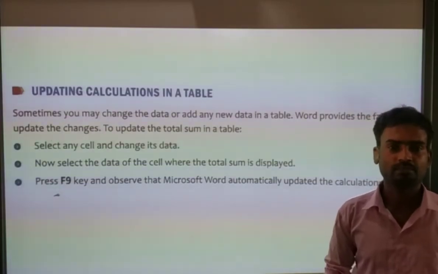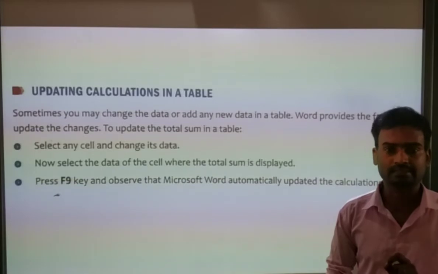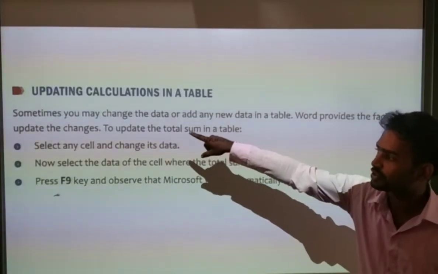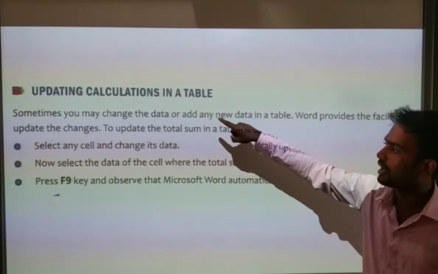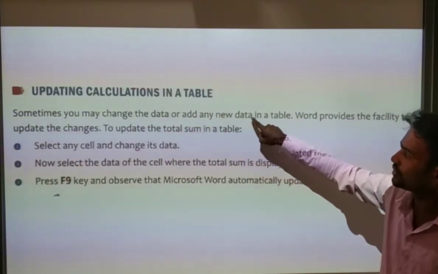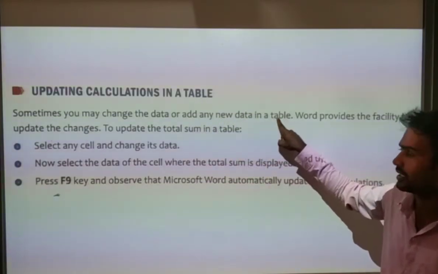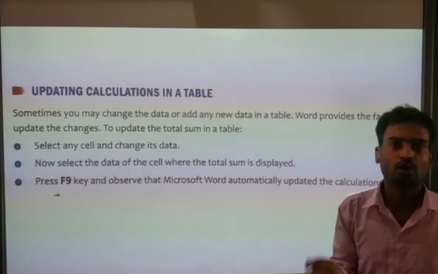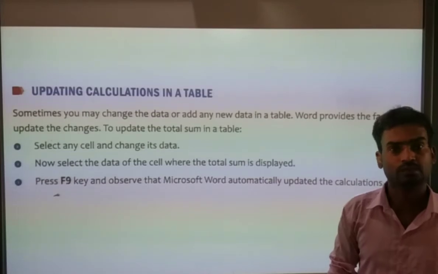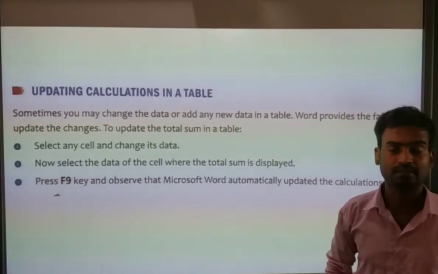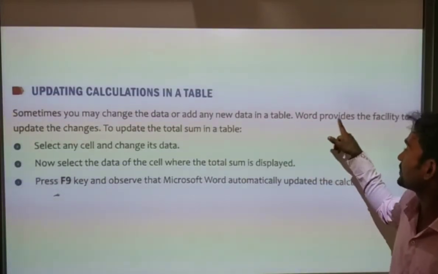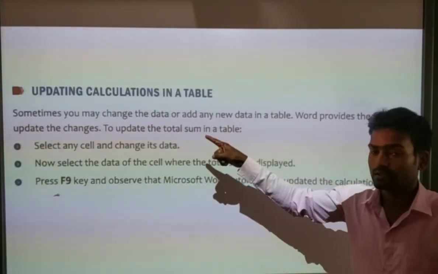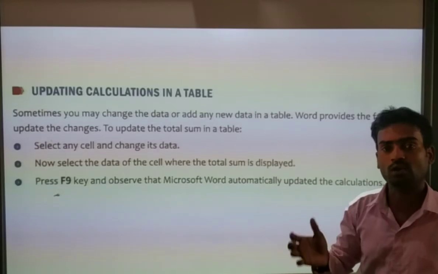In this case, after typing the new value, how do we update? Sometimes you may change the data or add new data in the table. We have only four subjects here. If you want to add one more subject in between, we have to calculate everything together. Word provides the facility to update the changes.